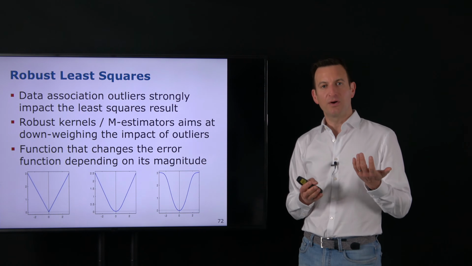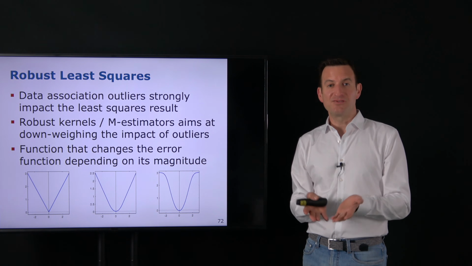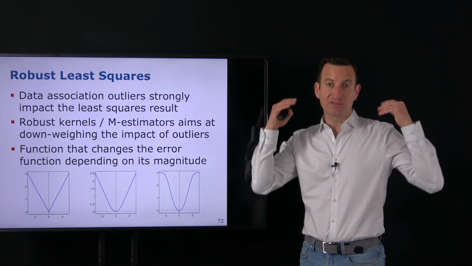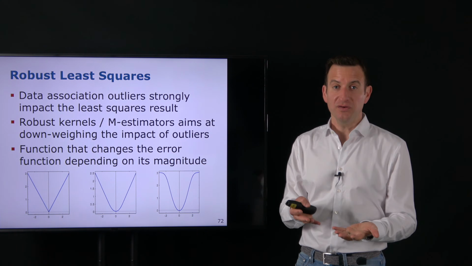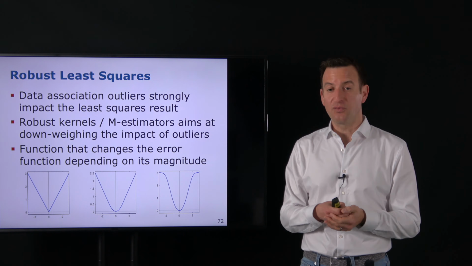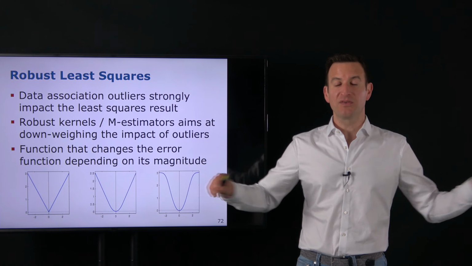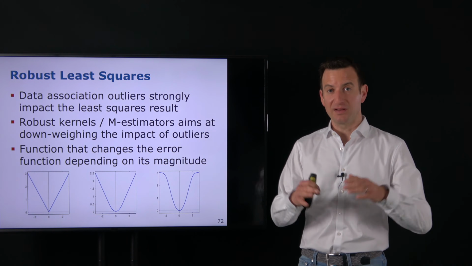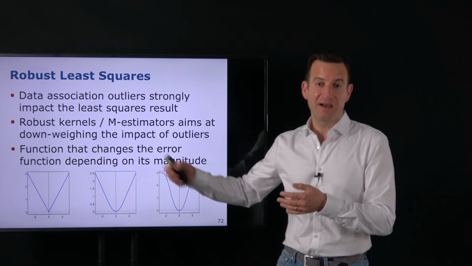What we are doing if we are doing a standard least squares is that we basically have a quadratic error function, right? So the further we go away on the x-axis, the larger the error gets quadratically. That is the relation to the Gaussian distribution, where we are computing the mean of the Gaussian distribution in this form. But the problem is that the probability of points with very large residuals is very small if I assume this Gaussian, and it drops to something close to zero by 3, 4, 5, 6 sigma away.